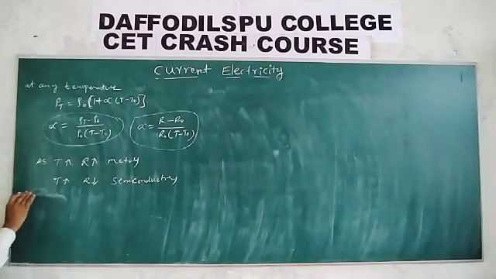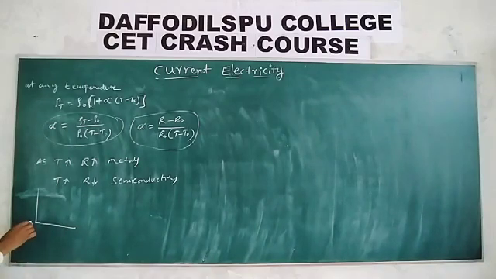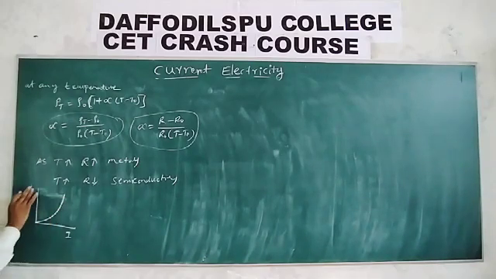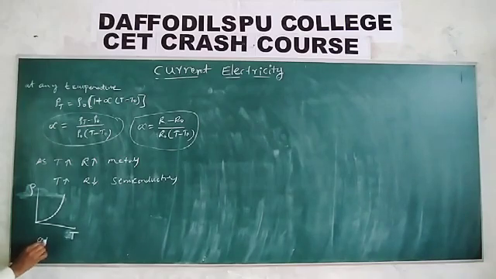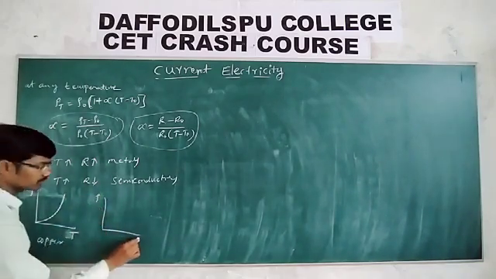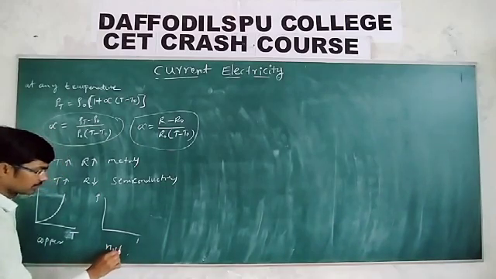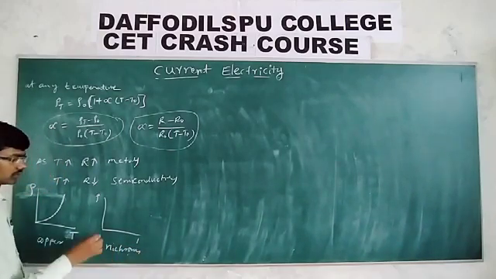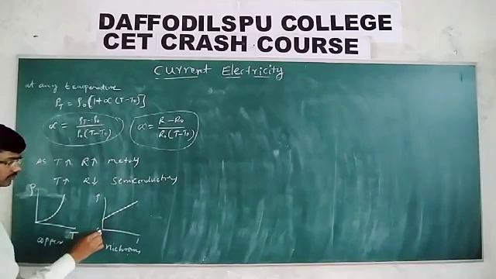If you draw the graph for the variation of the resistivity with the temperature, for copper it looks like this, whereas for nichrome, the resistivity graph looks like this.